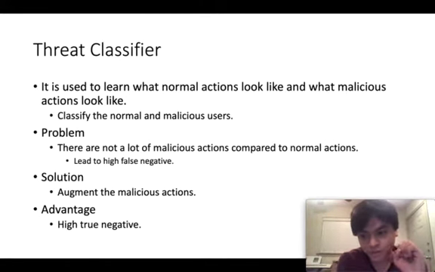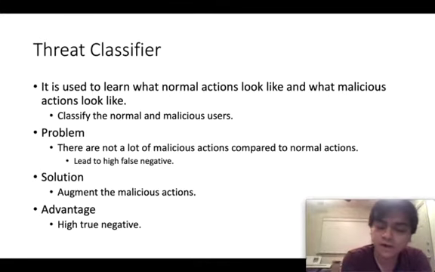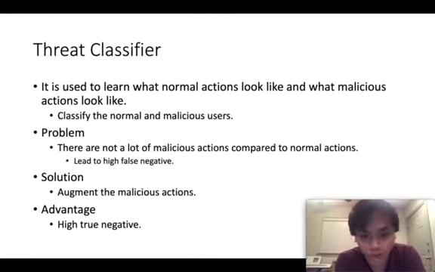So in practice, the classifier might not detect the malicious actions, which causes false negative. But the solution is to augment the malicious actions so that we can have a lot of malicious actions in the dataset. Also, we can reduce the number of normal actions in the dataset to make the balanced dataset.